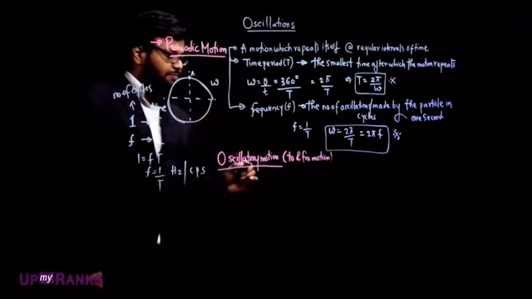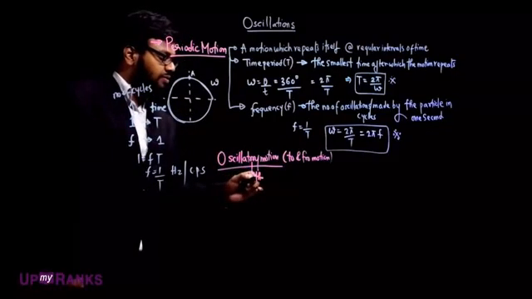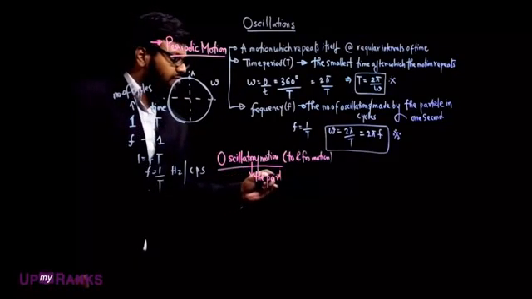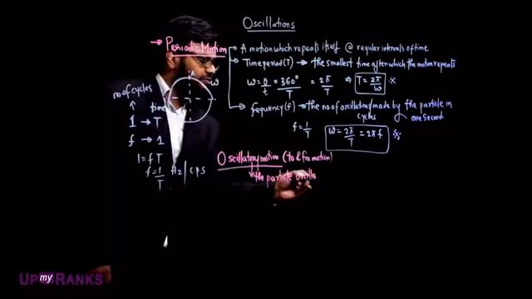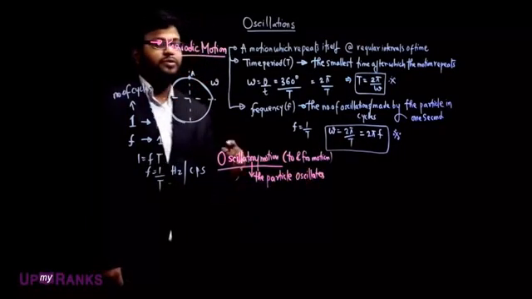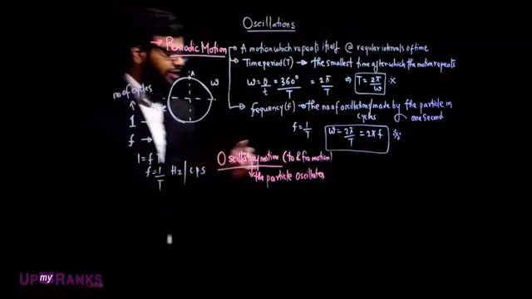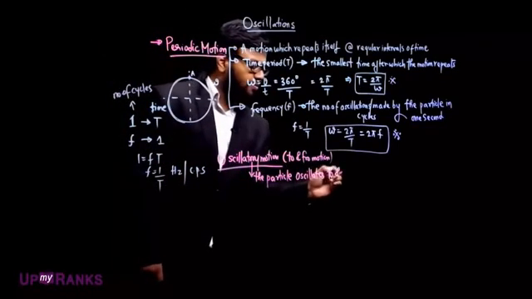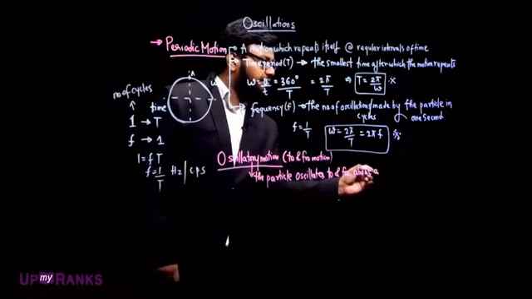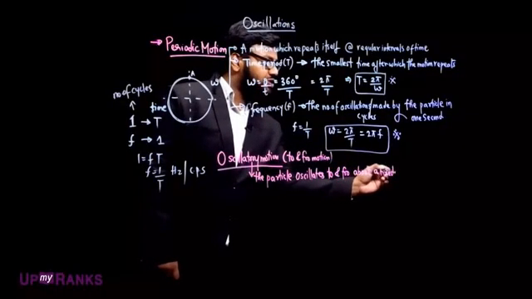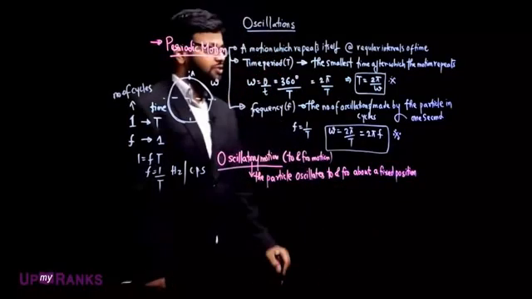In oscillatory motion, the particle oscillates to and fro, towards the right and towards the left. It will keep on oscillating to and fro about a fixed position or fixed point, which is called the mean position.